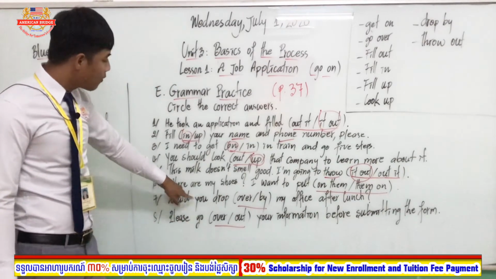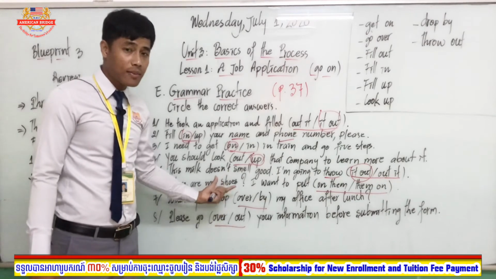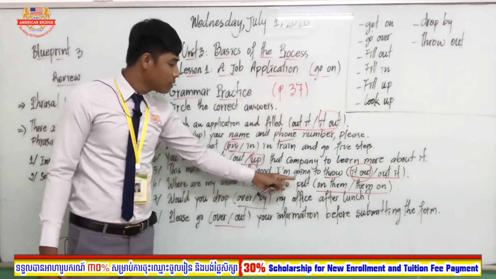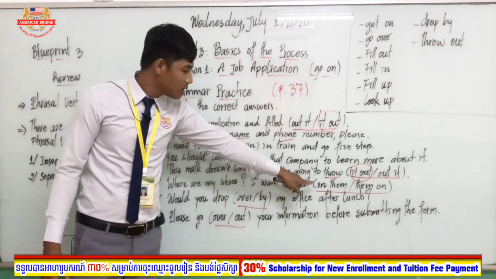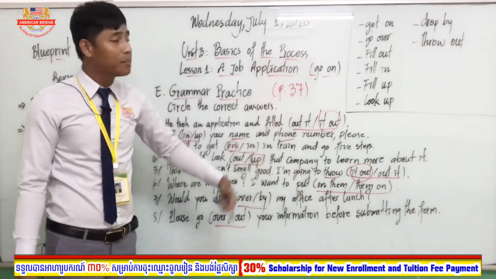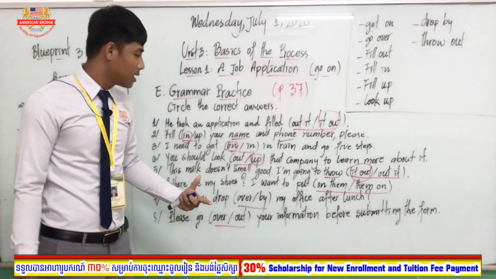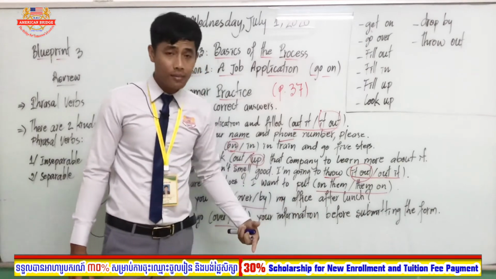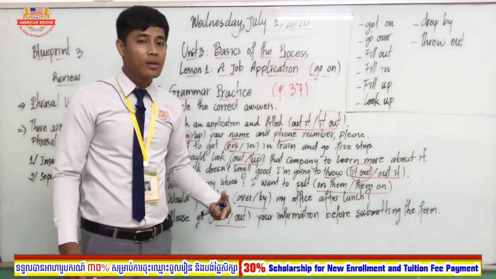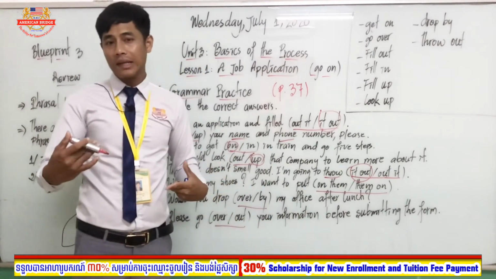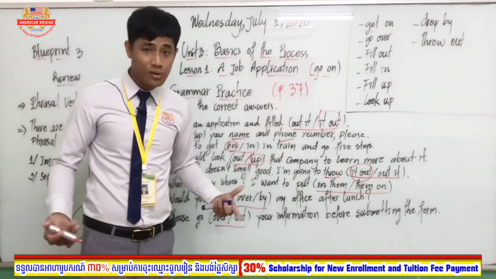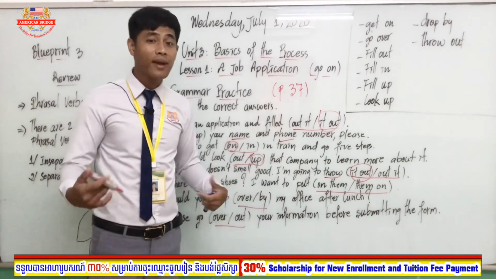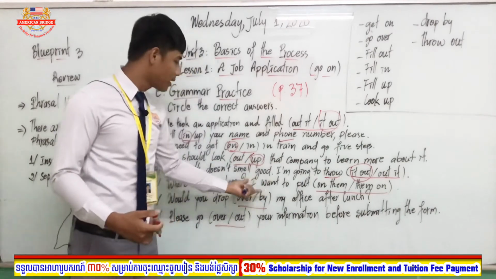Number six: where are my shoes? I want to put on them or put them on? Put on means to put something on with clothes, meaning to wear the shoes.